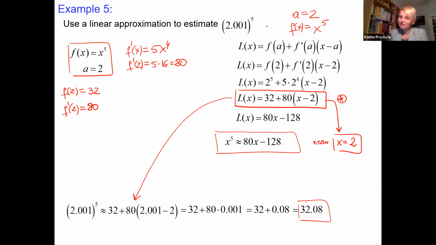Do you think we overestimated or underestimated? I don't know if we can nicely guess this. Over. Okay, what we can do: the function x to the power of 5 looks almost the same as x to the power of 3, a little bit slimmer.